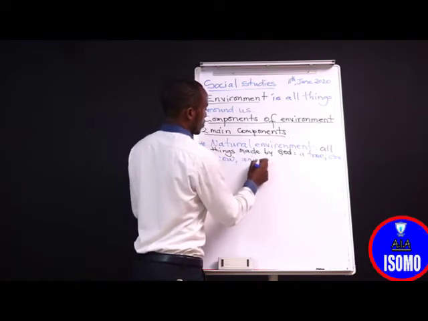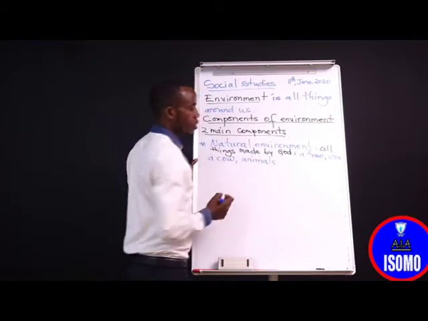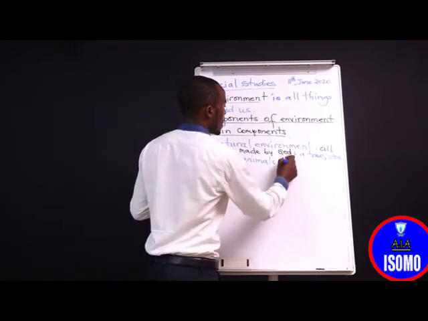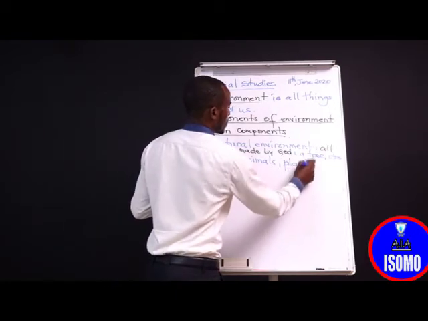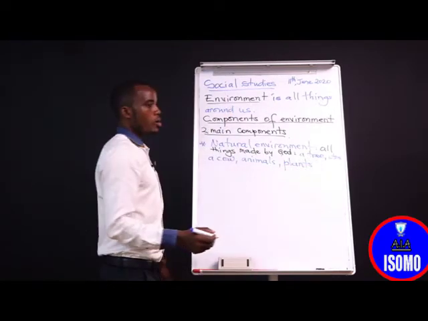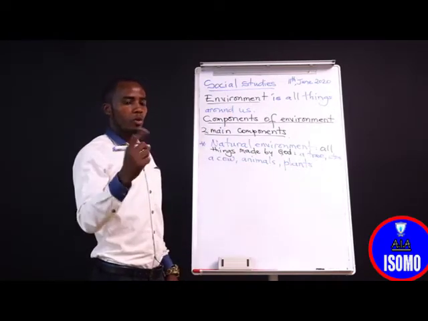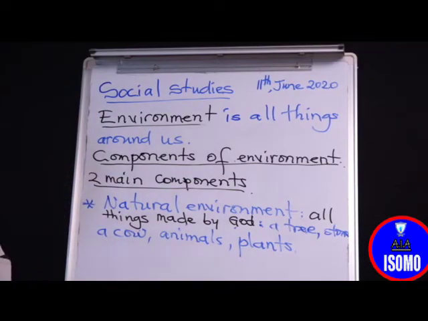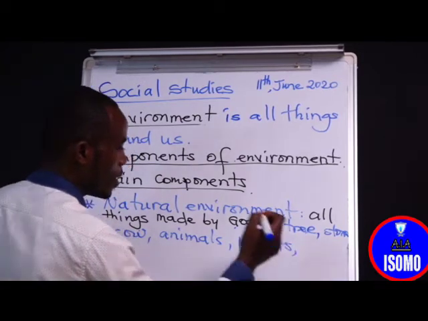Animals. All the animals that you know, they were made by God. We have plants. When you say plants, they include all those things that people plant, maybe to get food, or other things that they can use in their daily life.